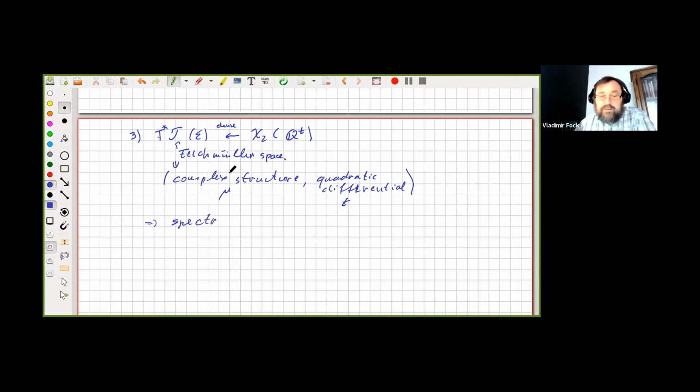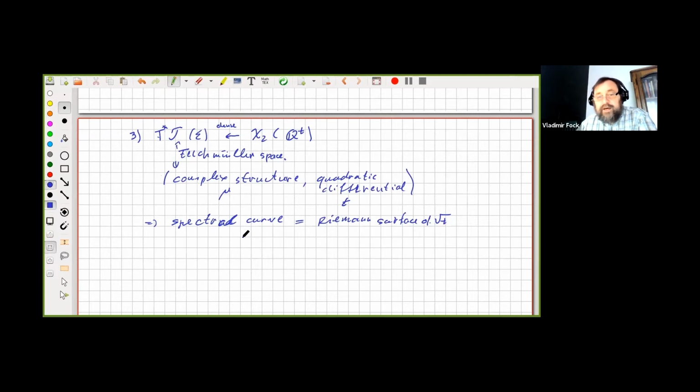Now we have a complex curve and a spectral curve, which is the Riemann surface of the function square root of t. Square root of t is one differential, but it has two values at every point except zeros.